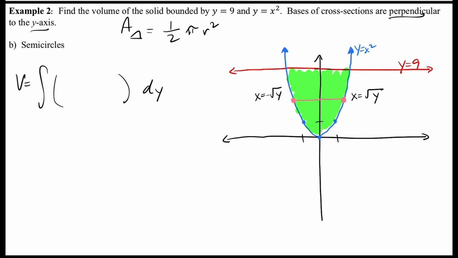So each of the semicircles, edge to edge, is going to be going right on top of the pink line. So they're going to be stacked like that. Okay.